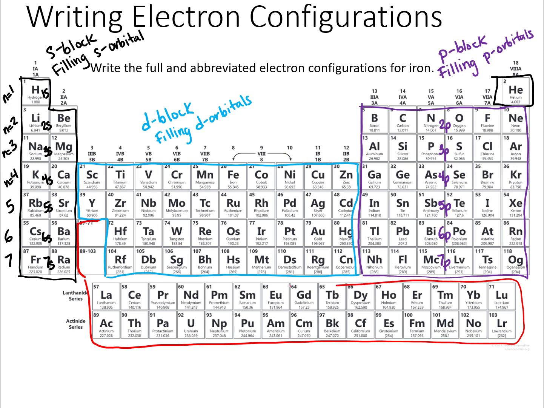So you can see where they're supposed to be. These are also called the inner transition metals. So when you go right after barium, you go down to the lanthanide series. And then once you finish with that, you come back up. So this is the F block. You're filling F orbitals here.